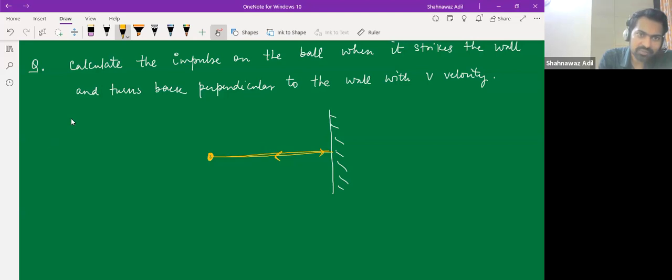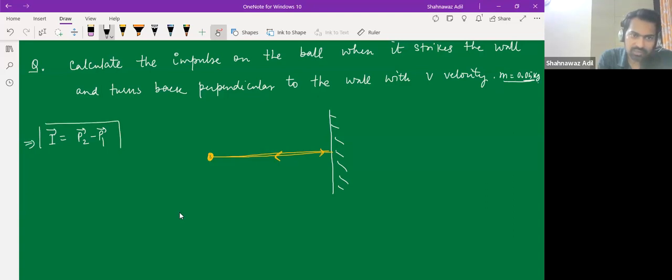What is impulse? Impulse is P2 minus P1, right? And the mass of the ball is, let's say, 0.05 kg. So this is the mass of the ball. So we know that the impulse is this, correct?